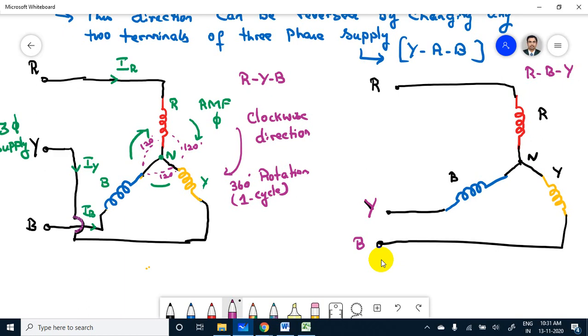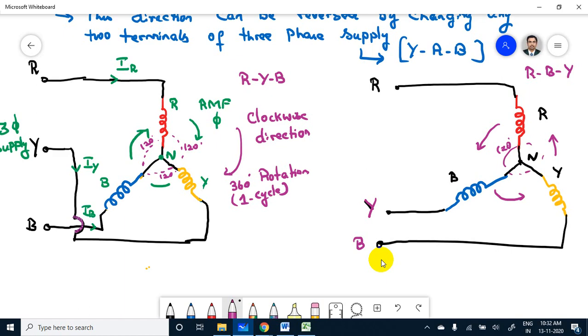Now if you change the sequence, the machine will first move from R to B, then it moves B to Y, then Y to R. The angle will be the same. It is 120 degrees only. This is 120, this is 120, but the sequence will be different.